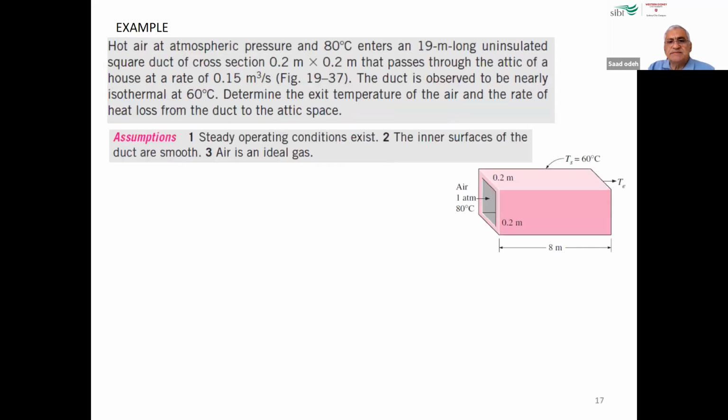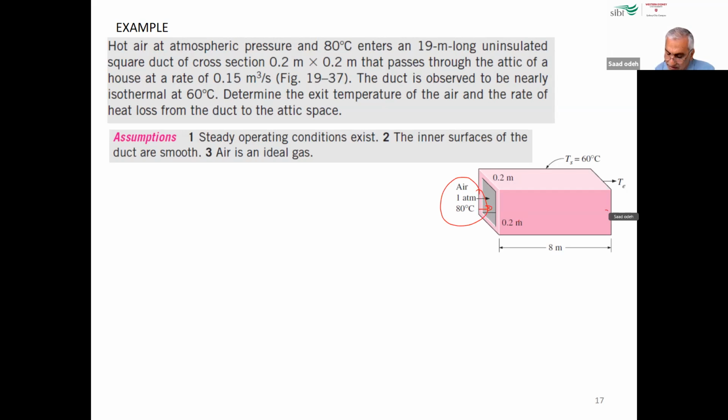Now the second case is when we have constant surface temperature. This example is about the constant surface temperature case. As you can see here, we have a square duct with cross-section dimensions of 0.2 by 0.2, so equal sides, and air is flowing inside this duct.